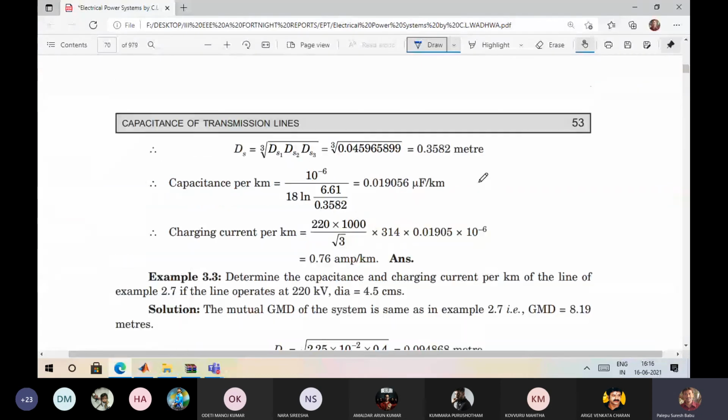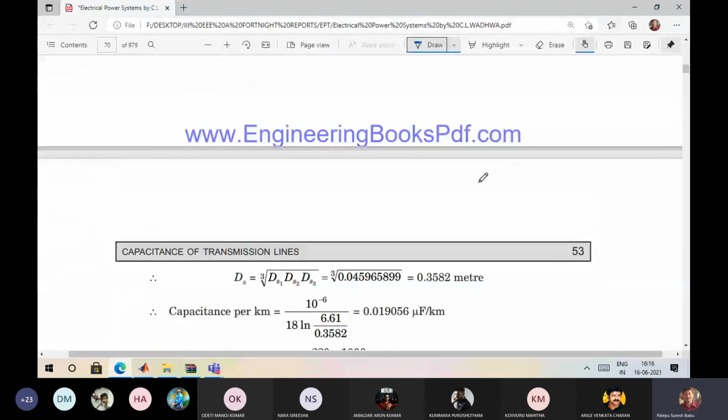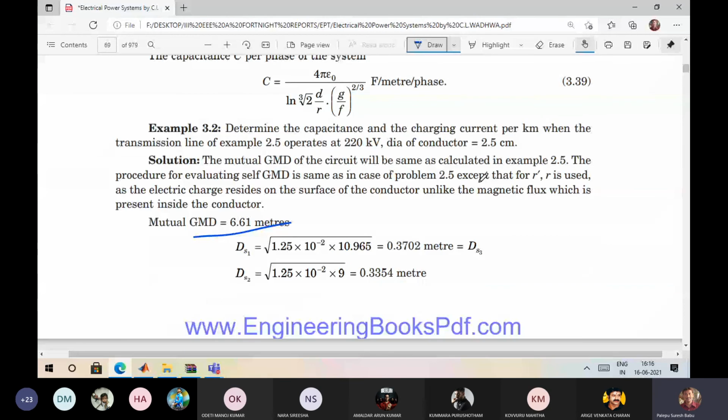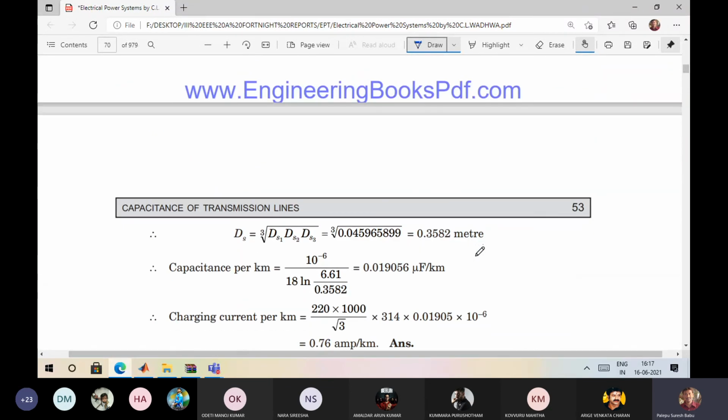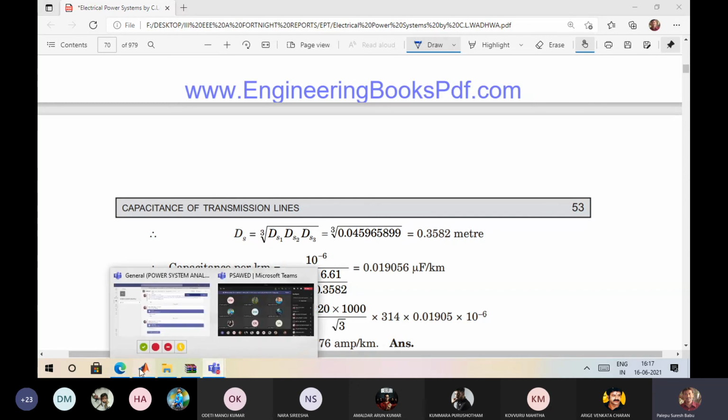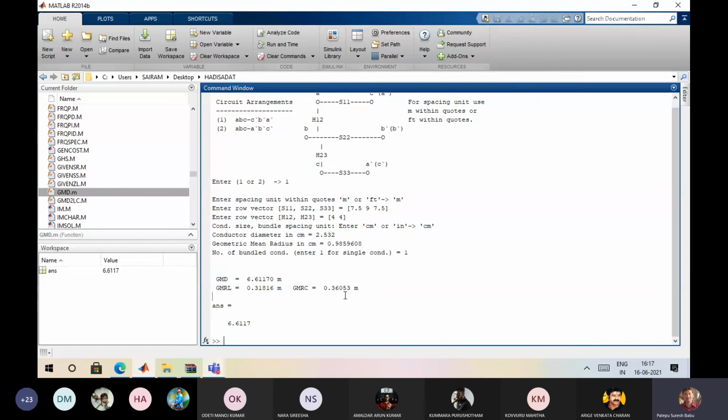Check the problem: determine the capacitance and charging current of the transmission line. Here the diameter is 2.5, a small change where r dash is used. The same 6.61 is obtained for mutual capacitance, and practically we obtained 0.3536. Next we'll see the next problem.